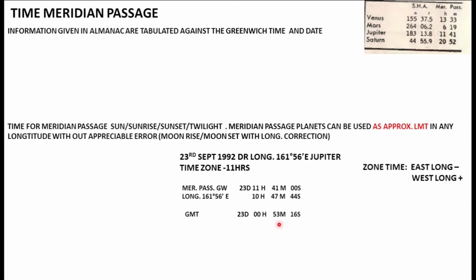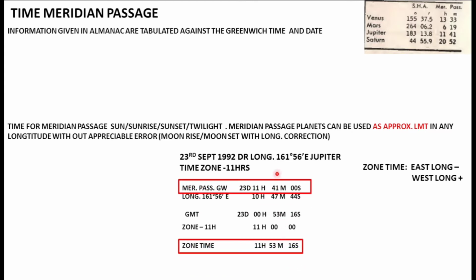So this would be the GMT and it is on our meridian. Applying my zone time here, 11 zone. I was in the zone of 11. So the time here is 11:53. Minus zone means plus, you have to add it up and you get your zone time, and you can see that it's quite close. So no harm in taking whatever times are given as LMT.